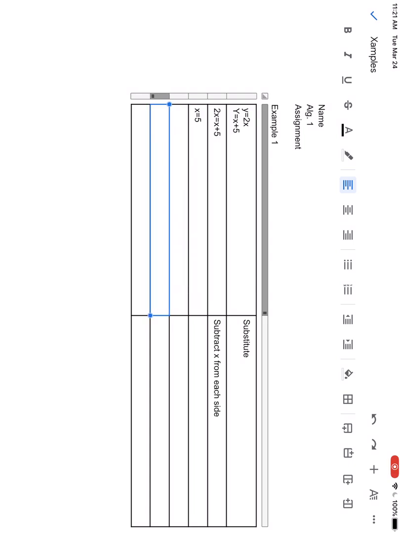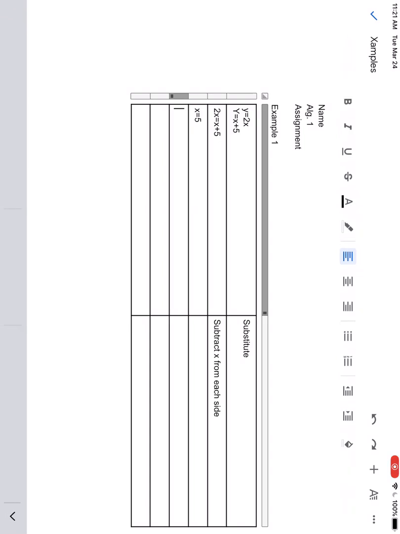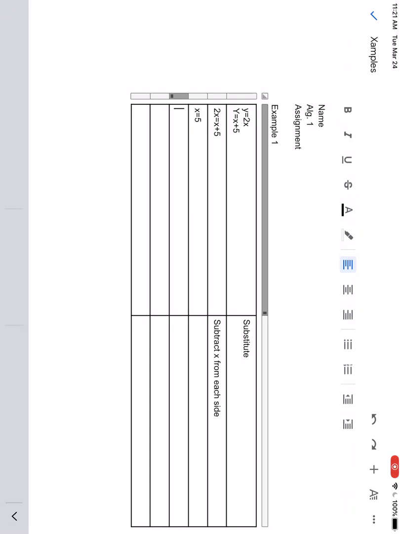Okay, there we go. So I know x is 5. I'm going to take it and plug it back into either of the first equations. And at this point, I don't really need you to tell me that you're multiplying.